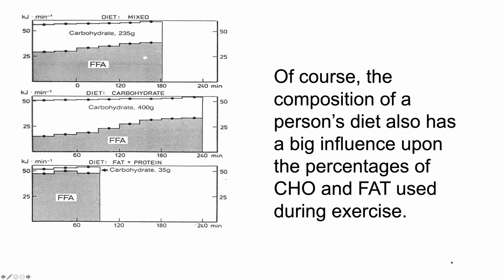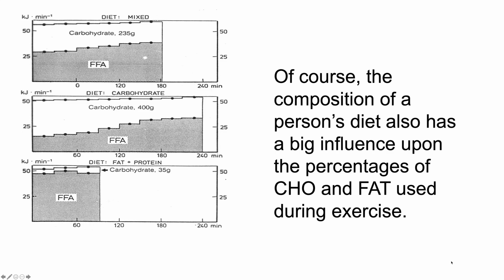Last, you got the composition of a person's diet. So this has a huge influence upon the percentage of carbohydrate and fat used during exercise. You see the top slide up there says, mixed diet of 235 grams of carbohydrates. Well, you can see they used X amount of free fatty acids and were able to go about 180 minutes or so.